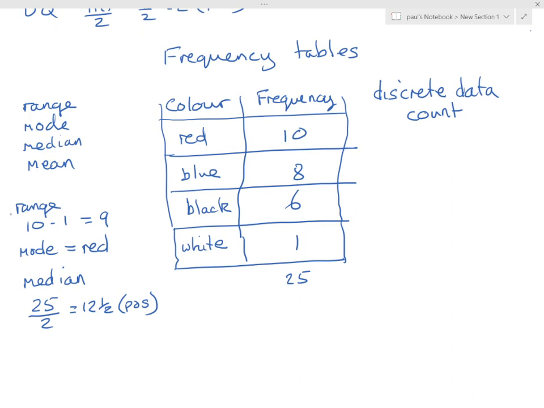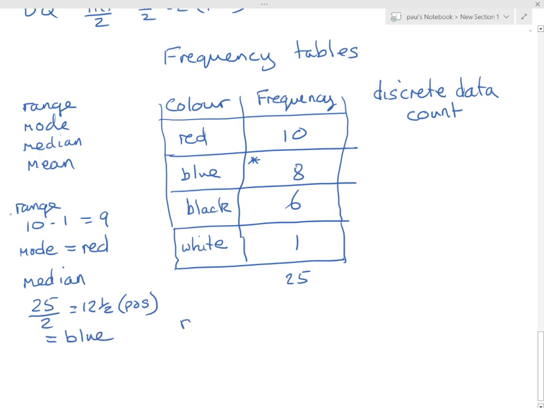Now, count from the top down until 12.5 would appear in one of these boxes. So you'd go 10, and then 11, 12, 13, 14, 15, 16, 17, 18, 19, 20, 21, 22, and so on and so forth. Now 12.5 will appear in here. And so therefore you look back and see the blue is the median. The median equals the blue.